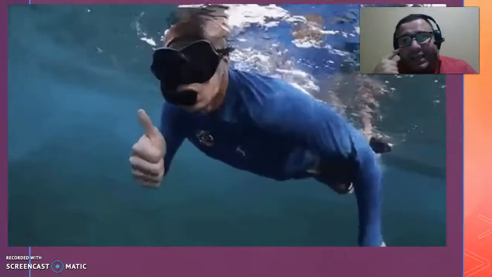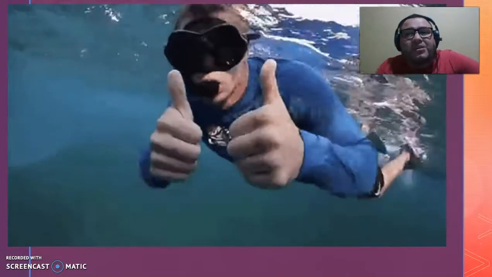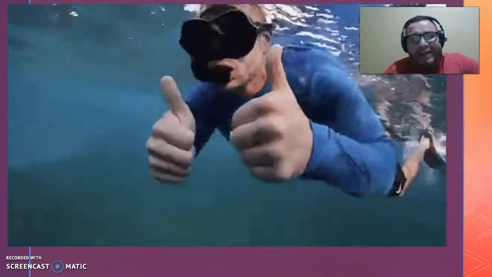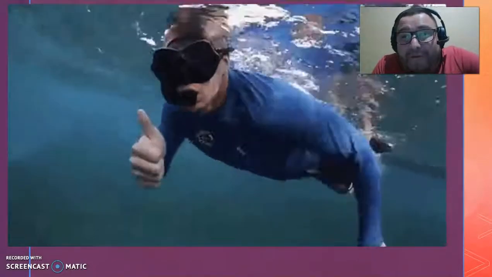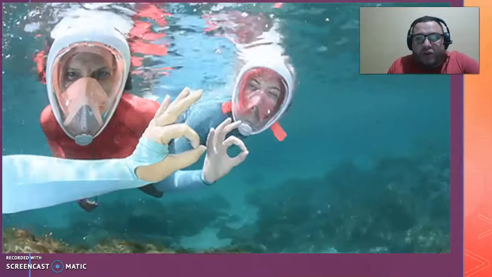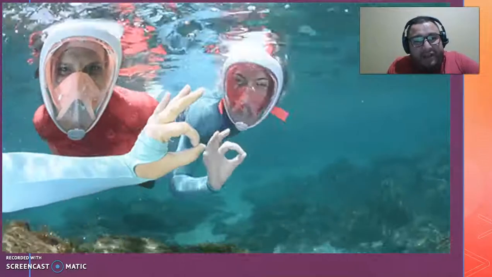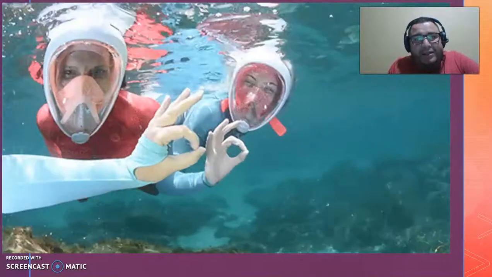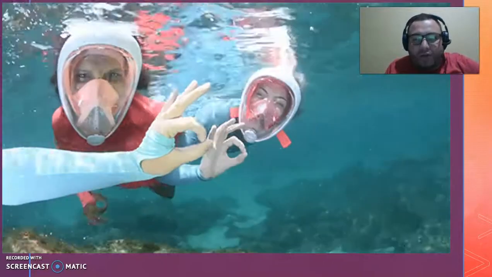How can we see the coral reef? You can do snorkel. Repeat after me. Snorkel. In Roatan, for example, in Honduras, we have a huge coral reef bar. In Honduras, we can find it in Roatan, especially Roatan, Cayos Cochinos, and all the Caribbean, on the coast of Honduras.